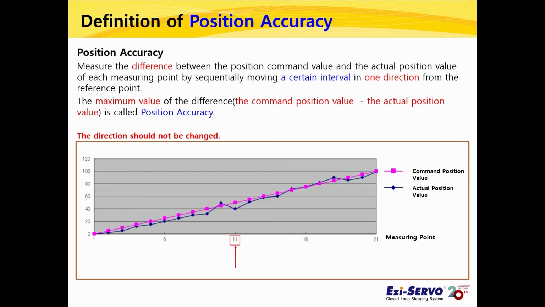The command position value is 50, but the actual position value is approximately 40. The position accuracy can be calculated by subtracting the actual position value from the command position value. So the position accuracy is 50 minus 40, that is 10.